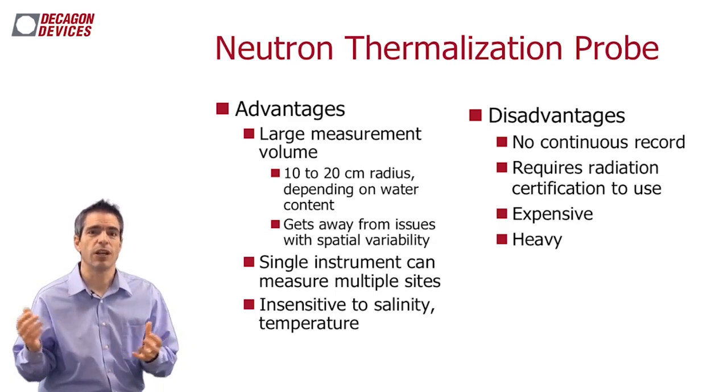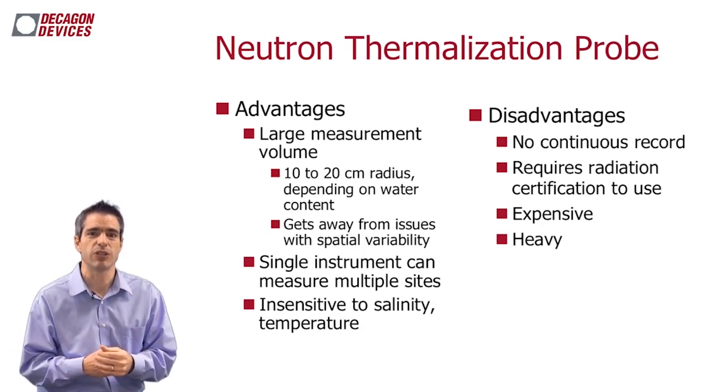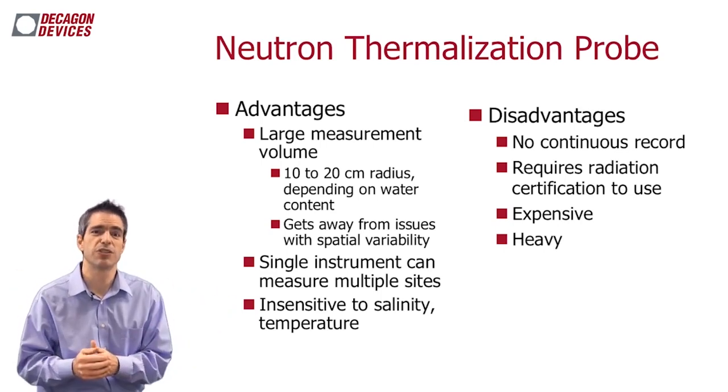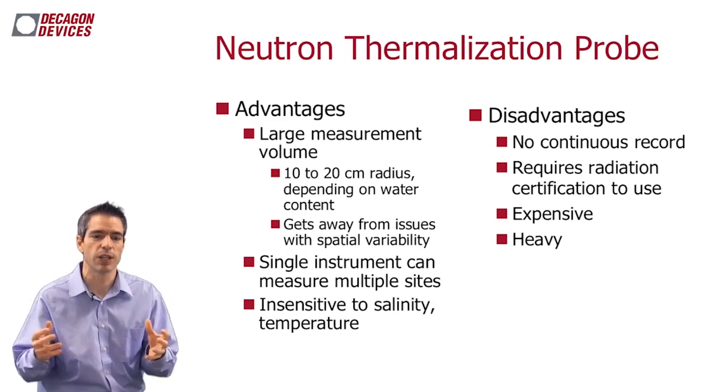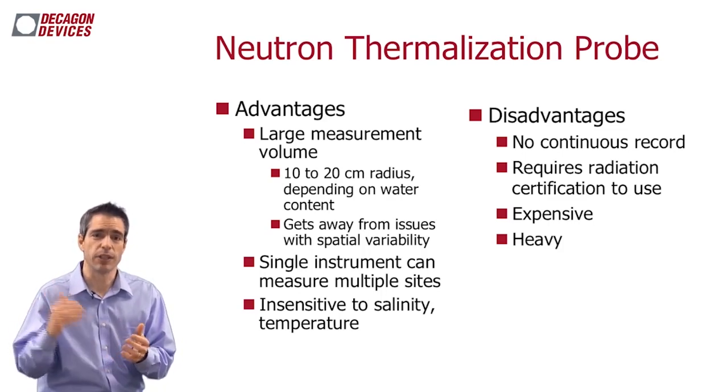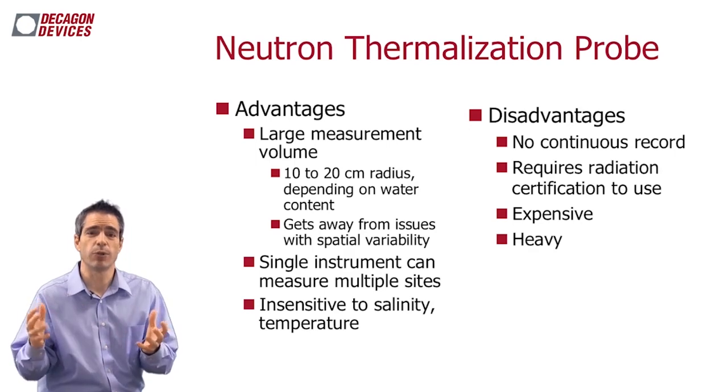Now, just a quick note on emerging technologies. The atmosphere naturally has these epithermal neutrons occurring around, and some of the new techniques that have been developed use these natural epithermal neutrons as they go into the soil, interact with the hydrogen atoms, and are available to detect.